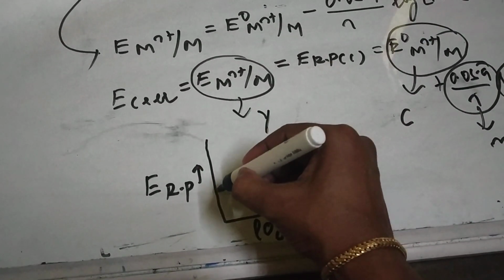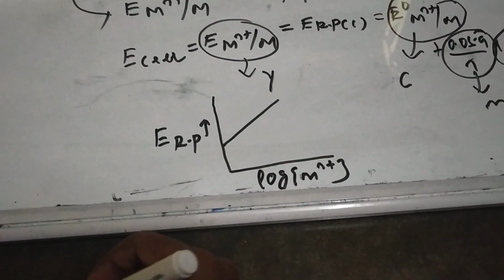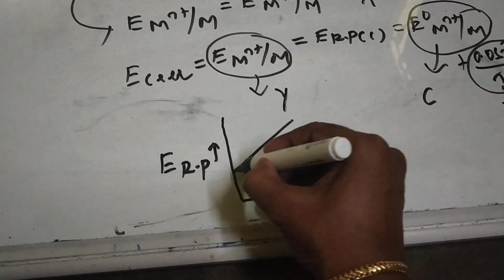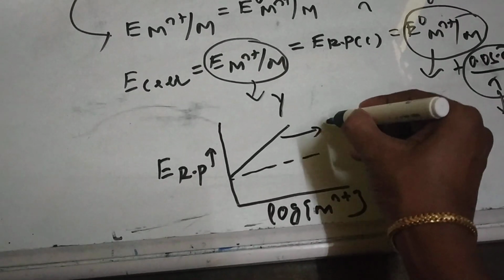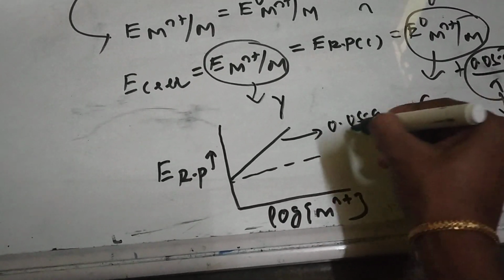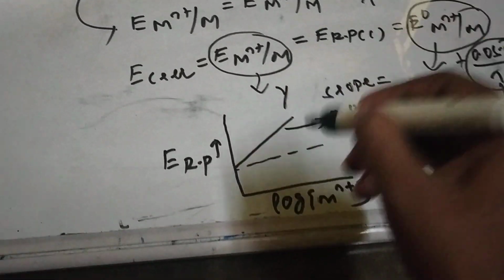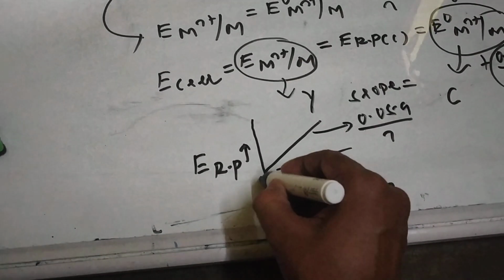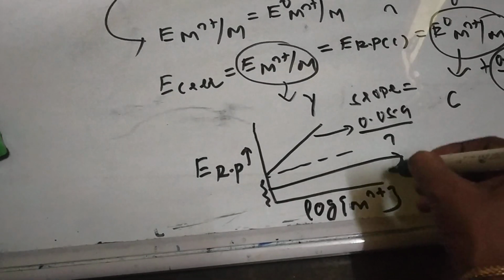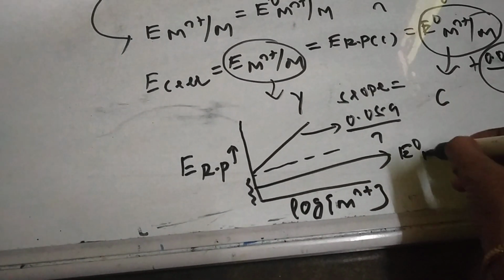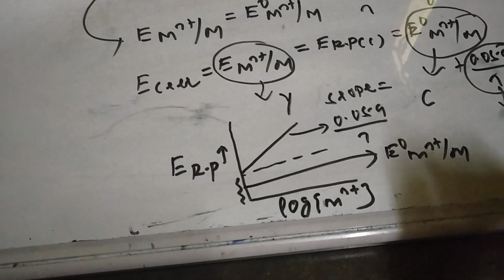As the slope is positive, it moves upward, and its value is 0.059 by n. The y-intercept is this one, and its value is E naught of Mn+ to M.